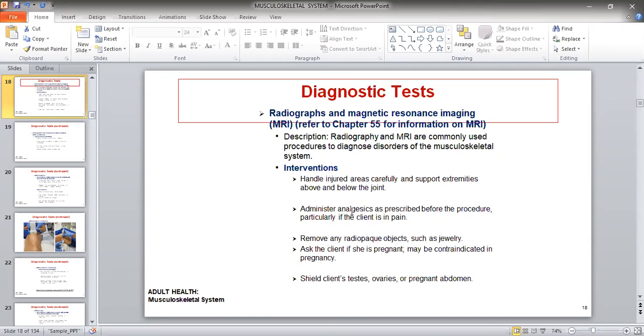So radiography or X-ray is contraindicated in pregnancy. And also we have to know about the client's testes, ovaries, and pregnant women. So a proper history is important before the procedure.